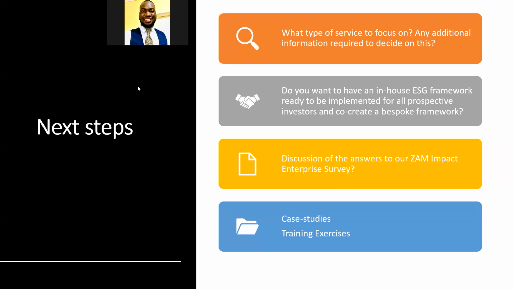And the most important question for an enterprise like Yato Foods is, do you want to have an in-house ESG framework ready to be implemented for all prospective investors, and co-create a bespoke framework? Then the other important step would be discussing some of the responses of Yato Foods Limited to the ZAM Impact Enterprise survey that we have been rolling out.